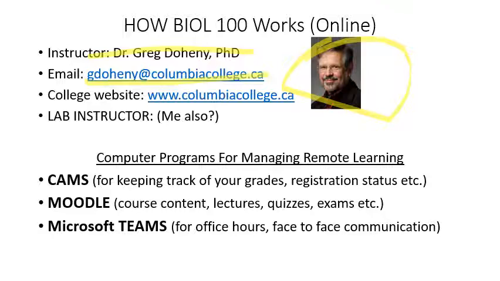Now, because this is the asynchronous version of the course, which is meant to be done at a distance, the lab is also done online, and there is a separate video lecture for how to do the lab exercises. But it's basically the same thing. You go to the Columbia College website, you log in, and then you either log into the lecture section of the course or you log into the lab section of the course, and you do the exercises more or less on your own time.